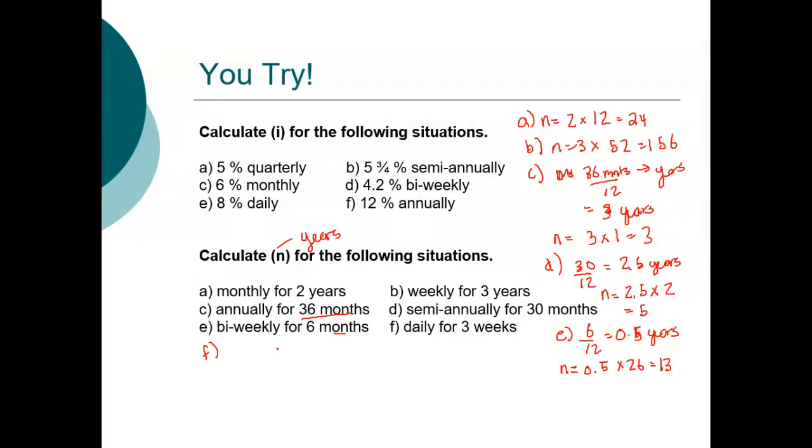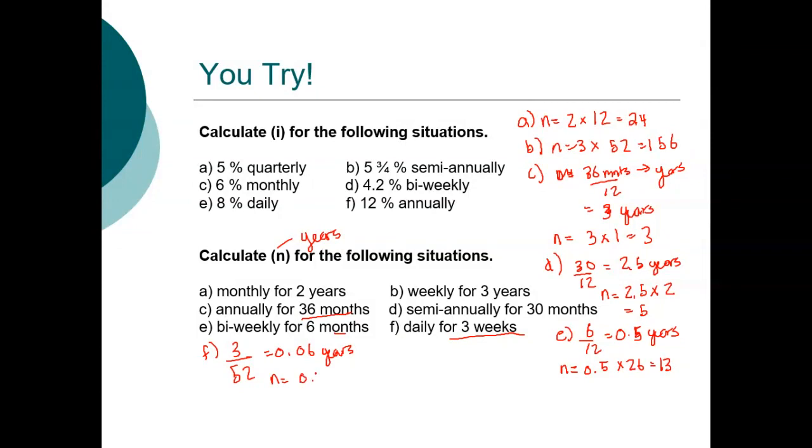Okay, it's daily for 3 weeks. So 3 weeks, well, we don't want that. So we know how many weeks are in a year? 52 weeks in a year. So we're just getting weeks to years. So 3 weeks divided by 52 is 0.057, we'll say 0.06 years.